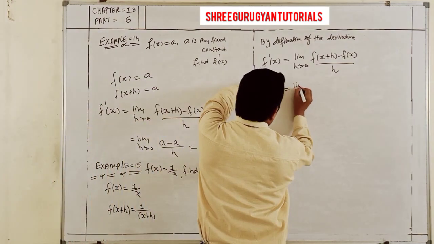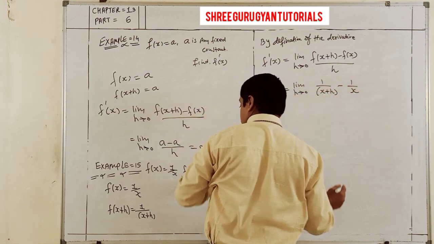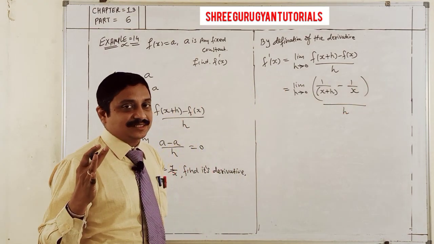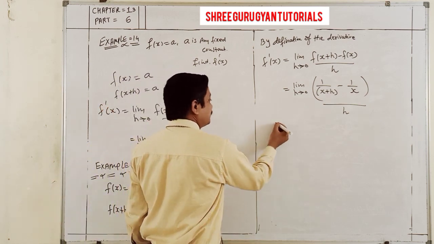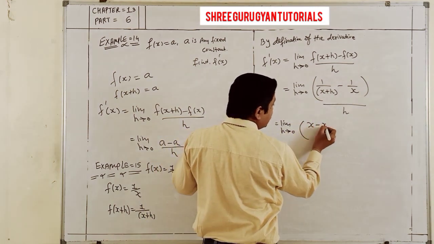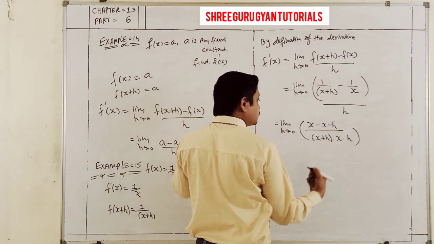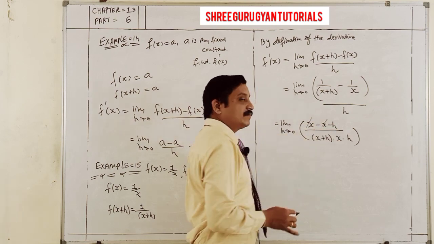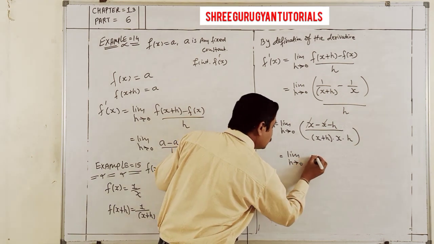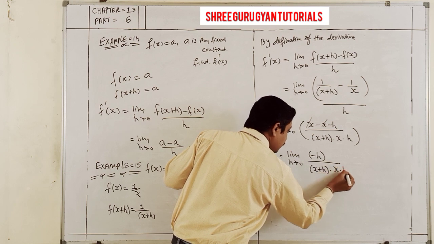My data is ready. 1 upon x plus h minus 1 upon x, and upon h as usual. Now I will take the LCM. So limit h tends to 0. The LCM is x minus x plus h, upon x plus h into x into h, and these two are just cutting. Remaining I have the limit as h tends to 0 of minus h upon x plus h, x and h.